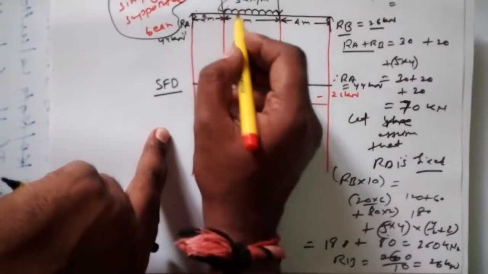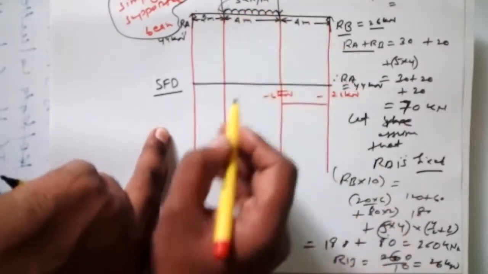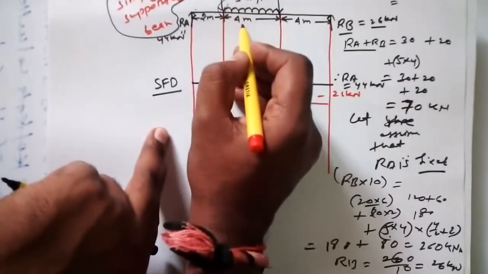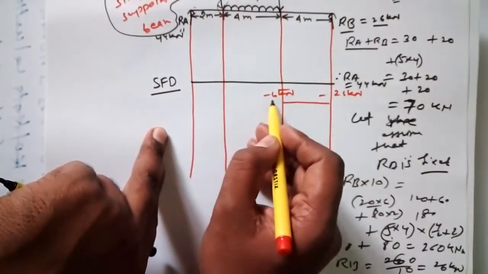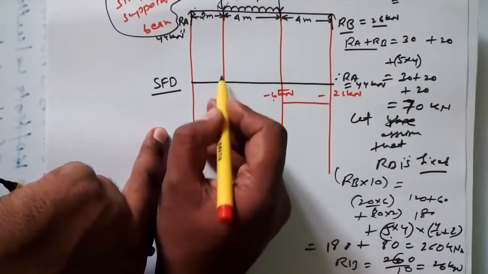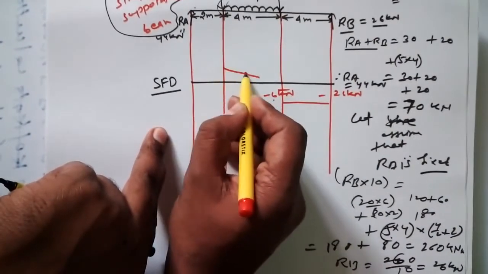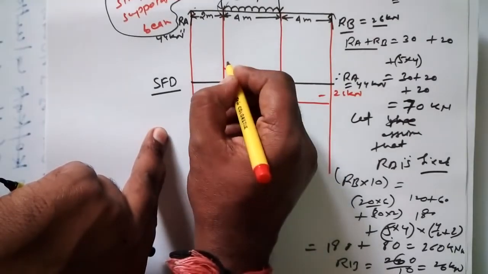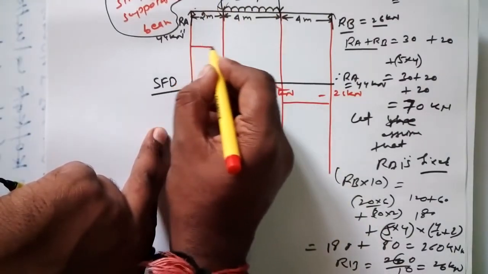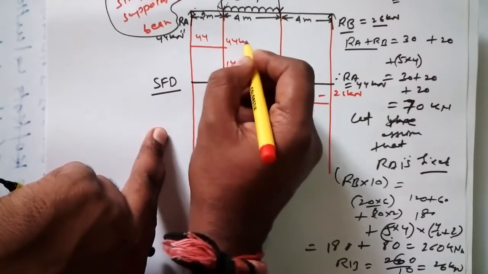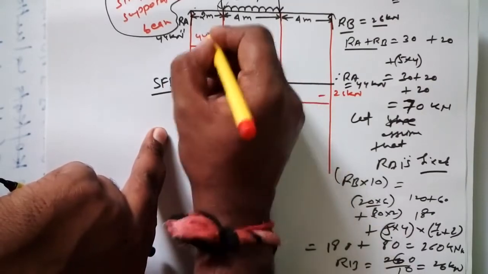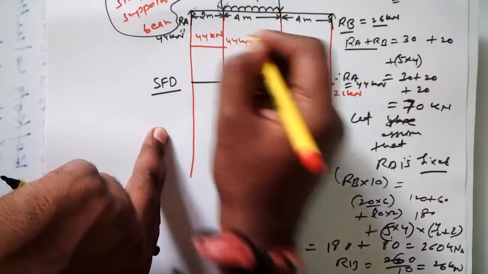And here we have the UDL, so 5 into 4 is 20, minus 6 would be 14. So this would be like this, this is 14, and 14 plus 30 is 44, and its unit is kilonewton.